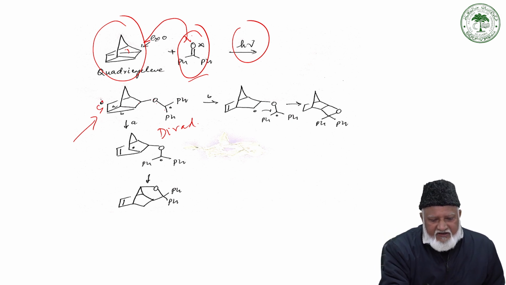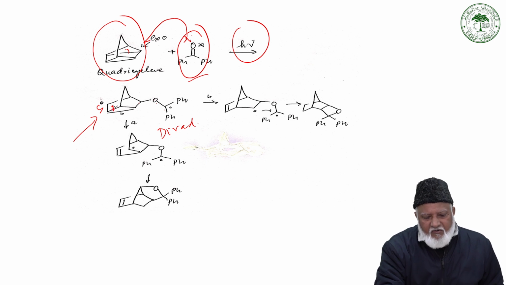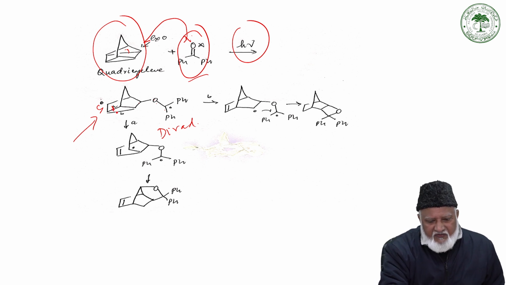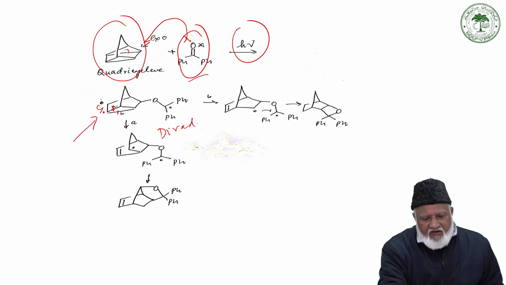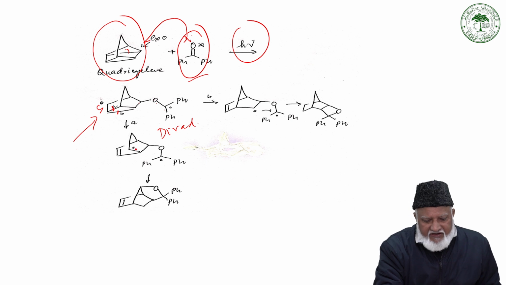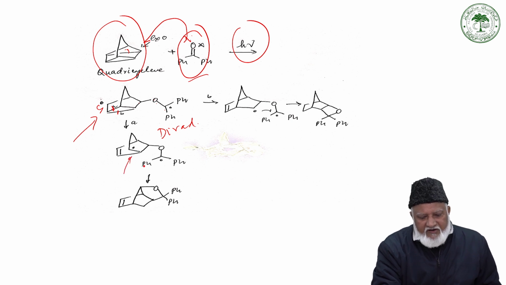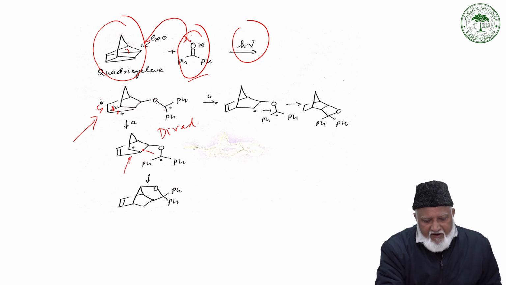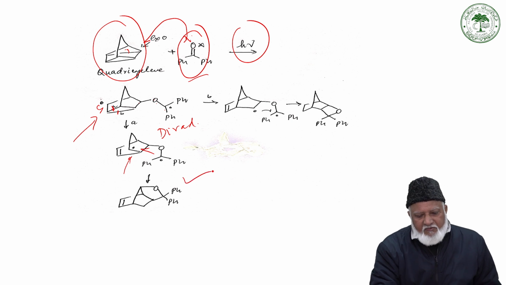This radical can form a double bond here, so there is a possibility of opening of this bond A, or there is a possibility of opening of this bond B with the formation of a double bond here. So when bond A opens up, we get a new carbon center radical here, and then this can combine to give this as one of the products.